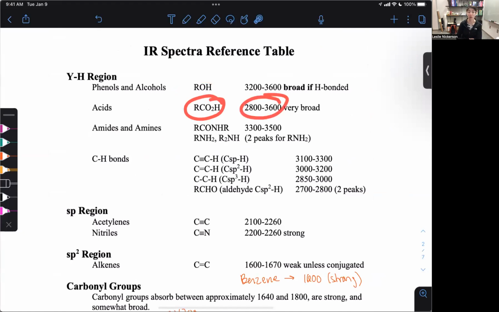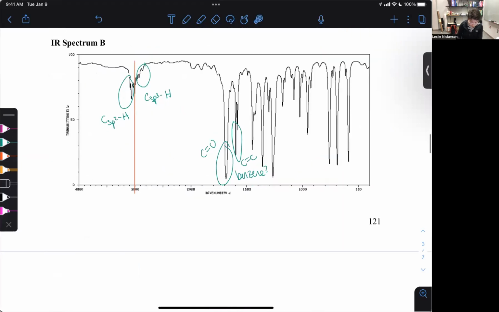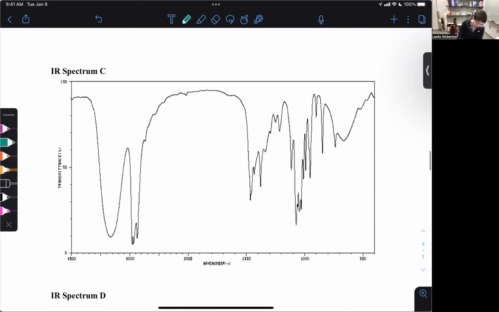Acids are going to be a little bit lower than that. They can still go to 36, but they start at a lower frequency and are very, very broad. So if it's narrower and to the left of the sp3 region, that's generally going to be an alcohol and not an acid.